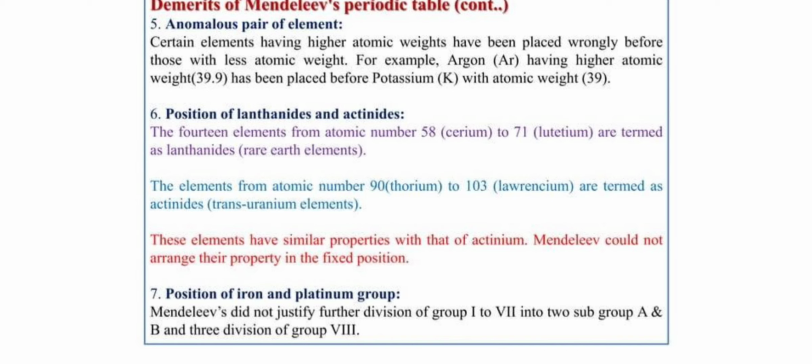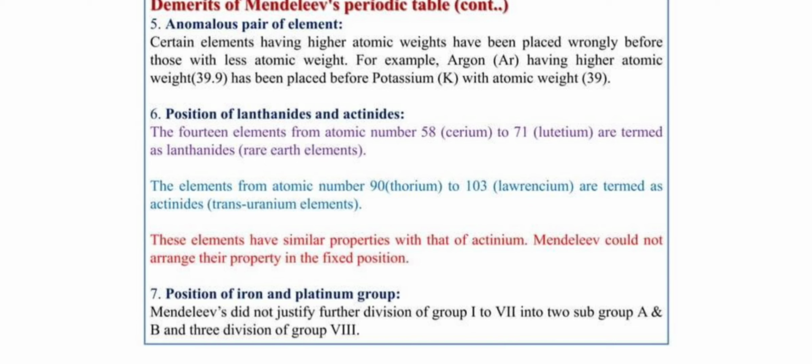Some elements were discovered and kept in the table, and later some elements with a higher weight were discovered. For example, argon with an atomic weight of 39.9 has been placed before potassium with an atomic weight of 39.